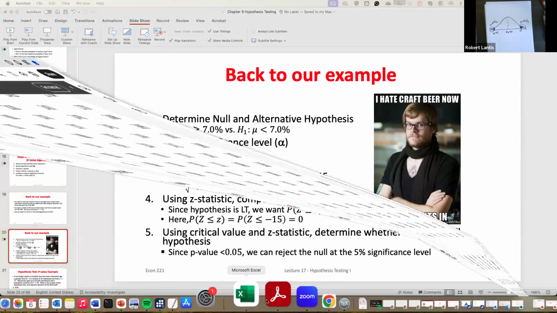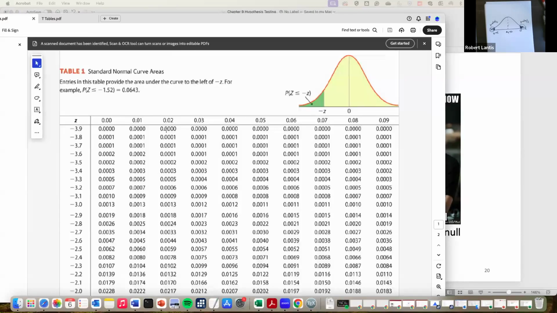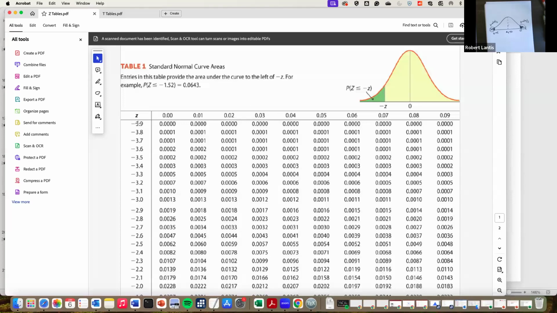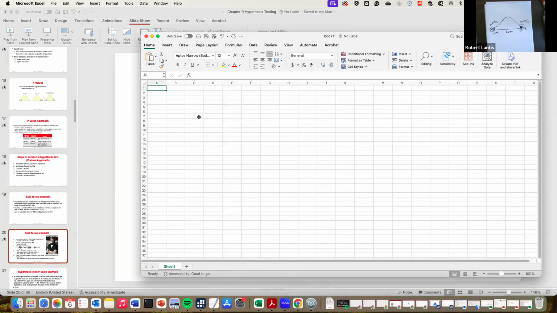So two ways. This first way is going to be kind of hard to show you just because it was so extreme. But notice negative 15. Well, at negative 3.99, the area to the right of that is basically 0. So if I'm looking at the area to the right of negative 15, it's going to be even closer to 0. In fact, I can use Excel.